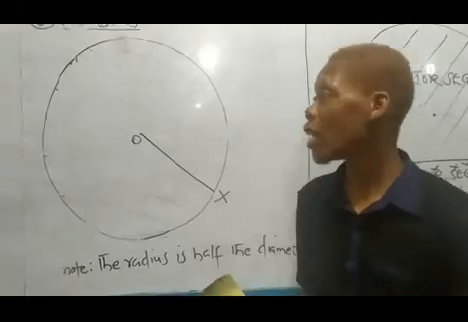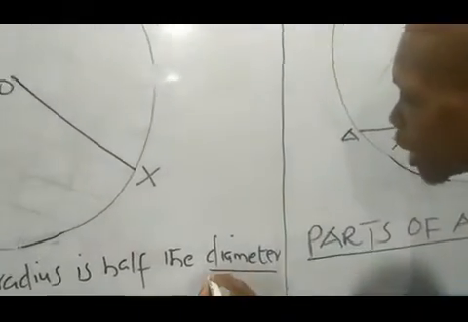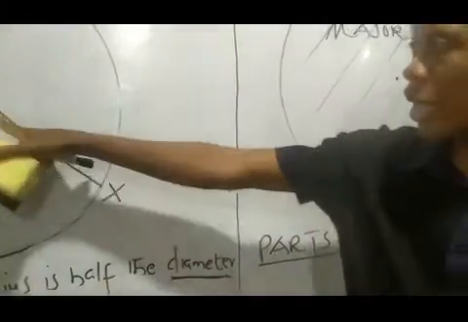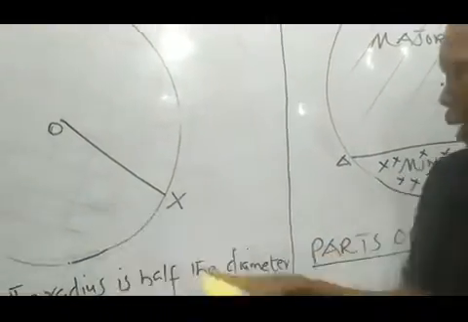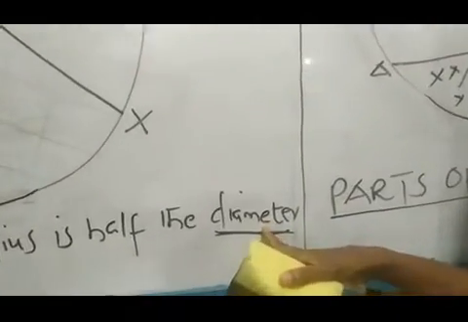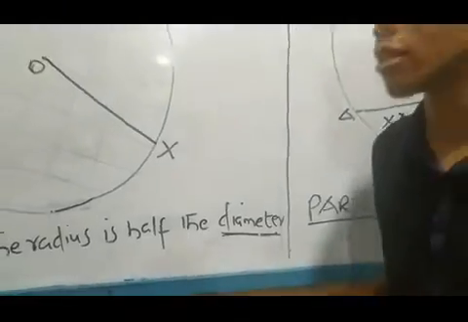So that will take us to our next definition. We are going to ask ourselves, what is a diameter? If we are saying the radius, this line here, is half of the diameter, then what is a diameter? So we are going to define diameter.